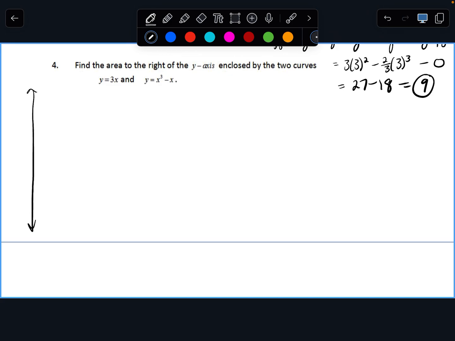Okay, let's do the line. That makes me feel better. Here's the line: y equals 3x. You guys knew that was a line, right? Okay, thank you. Now this cubey guy.